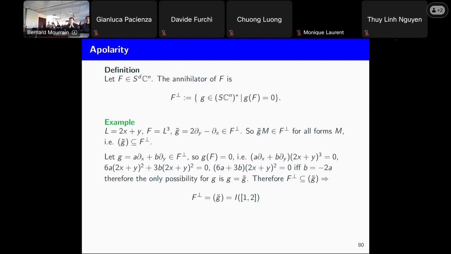This is exactly the G tilde I took out from my F before. And so also F perp is contained in the ideal of G tilde, that is really the ideal defining the point. So this G tilde is the form that defines the point (1, 2). And (1, 2) is really the dual of the coefficients of this.